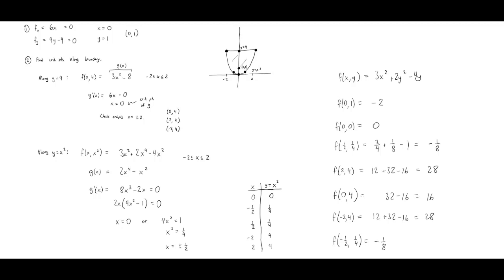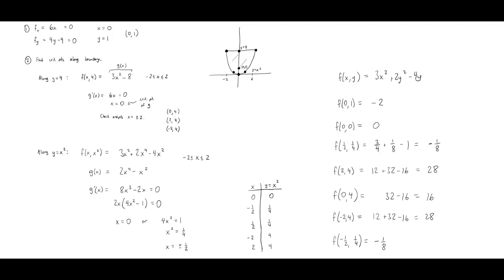Here we had equations for each piece of the boundary. So plug in the parametric equations or the equation into your function. You're left with a function of one variable, get the derivative, set it equal to 0, find any critical points, check the endpoints of your interval when you do this as well. Do it for each part of the boundary if there's more than one part to it.